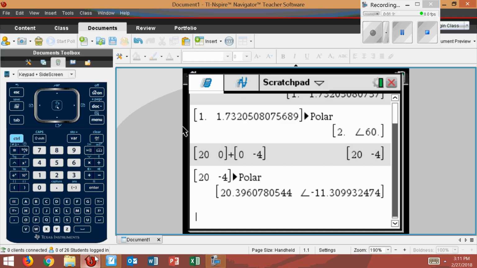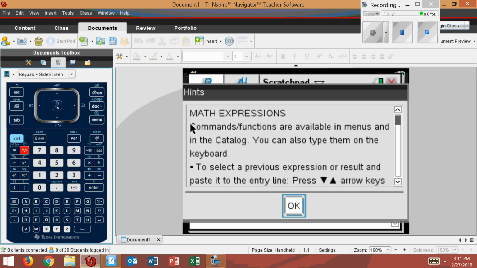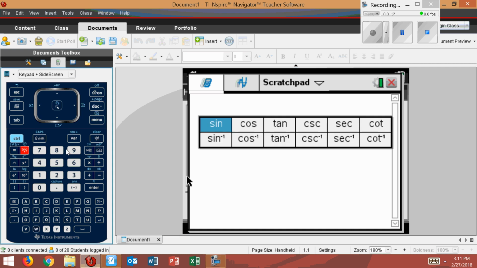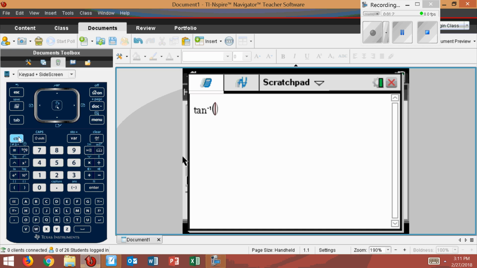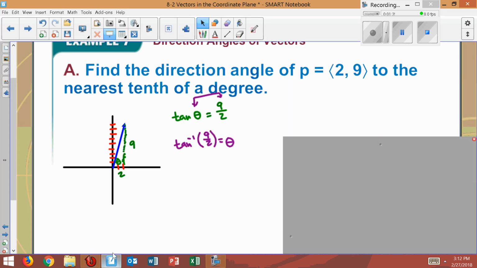So you go over to the calculator and solve this way. Tan inverse of 9 over 2, and it would say that this is a 77.5 degree angle. And that could be our answer. And honestly, that is an accurate answer.